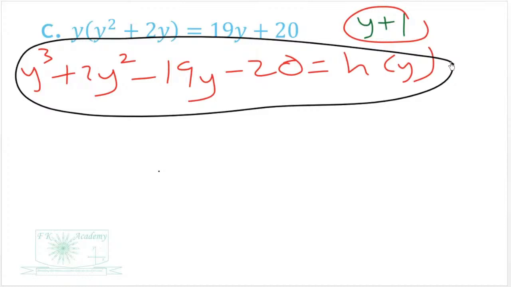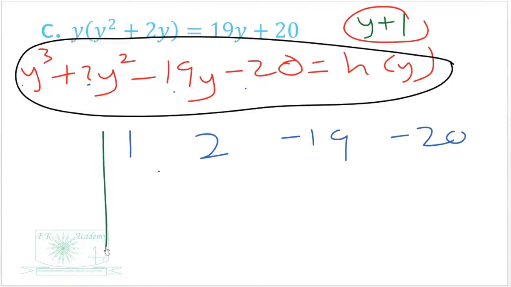So to get the other factors, let's quickly perform some synthetic division. So let's write out the coefficients. We have 1, 2, negative 19, negative 20. So we divide by negative 1.